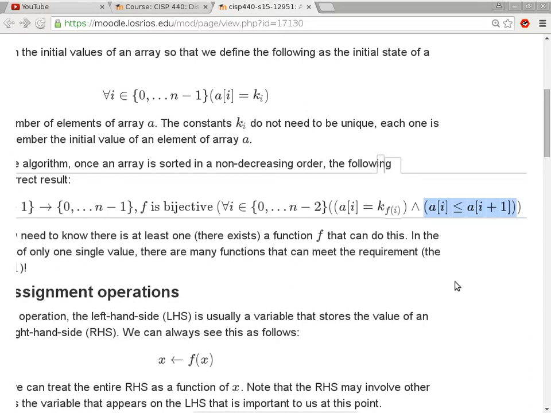Then it will meet that requirement. But would I call this a sorting algorithm? Nope. And that's why we need the component on the left-hand side of the conjunction, because each one has to correspond to a unique value from the initial state.